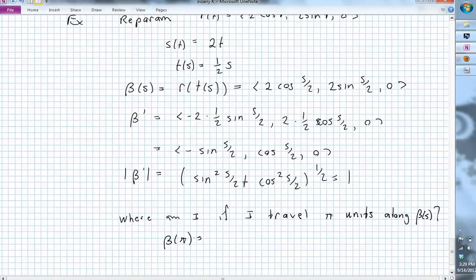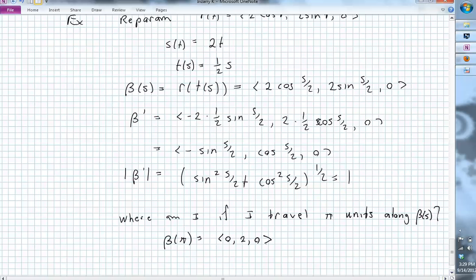And what does that give me? Beta of s is right here. Plug pi in for s. You can do it. 0, 2, 0. Is that the right place? Does that make sense? Well, x is 0 and y is 2, so I'm at the top of the circle, right?